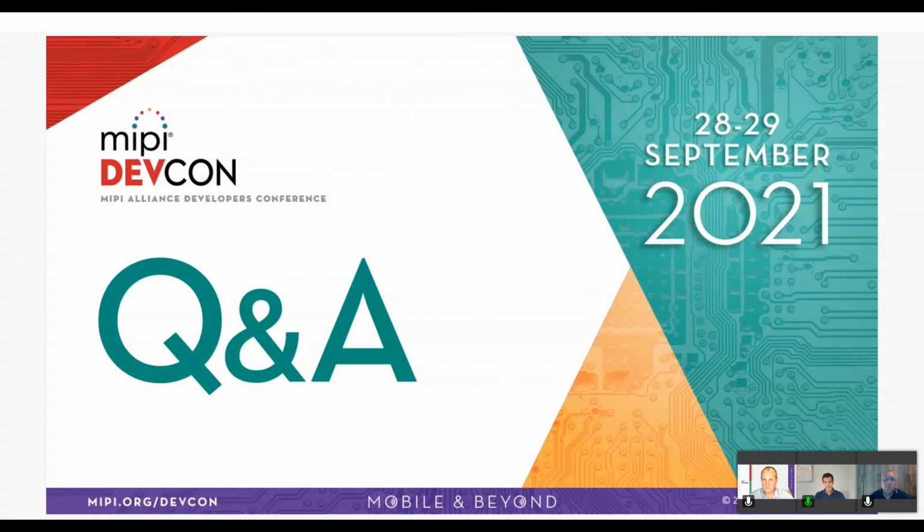What I can add here is, from where I'm sitting, servicing this market, I can definitely say that new designs for the camera interface, for the camera input, are looking to support both C-PHY and D-PHY.